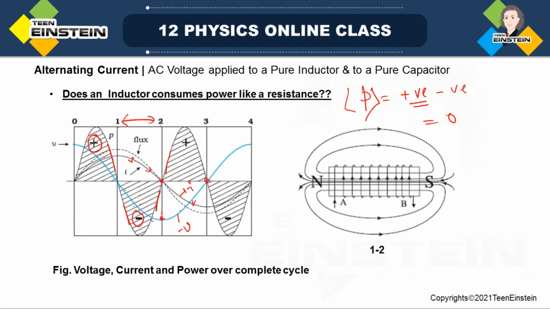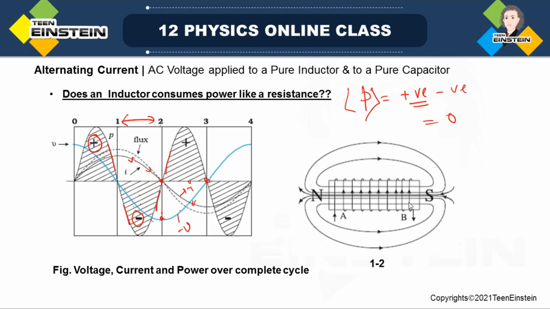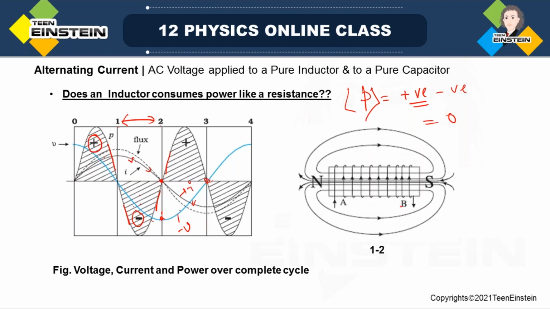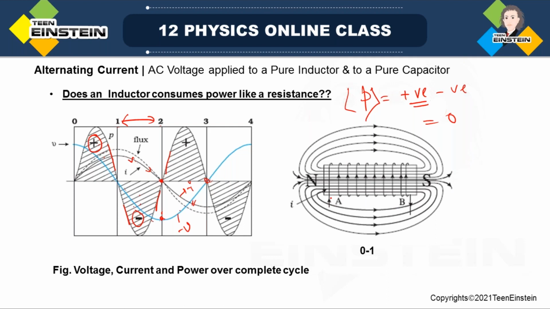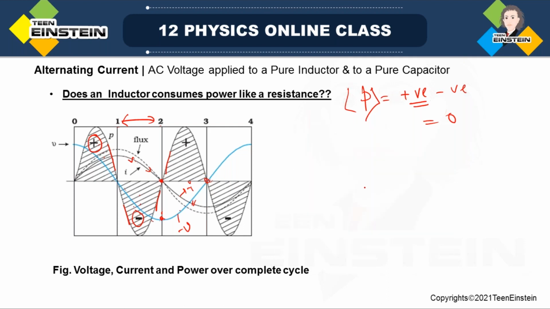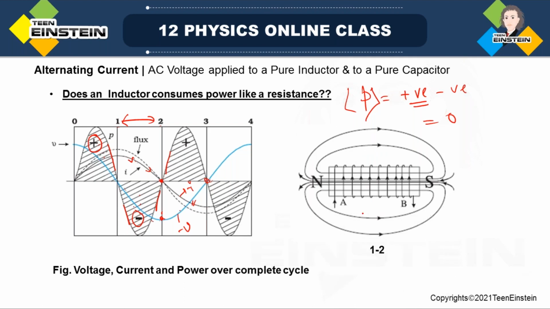In this case I have already told you that the current direction is reversed. In 0 to 1 current was entering through A, and 0 to 2 it was decreasing.